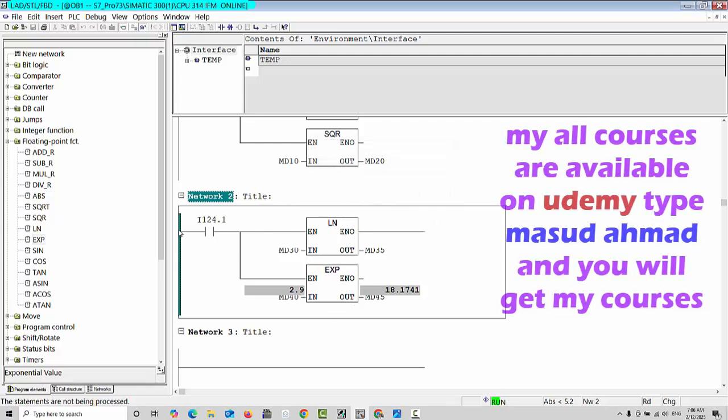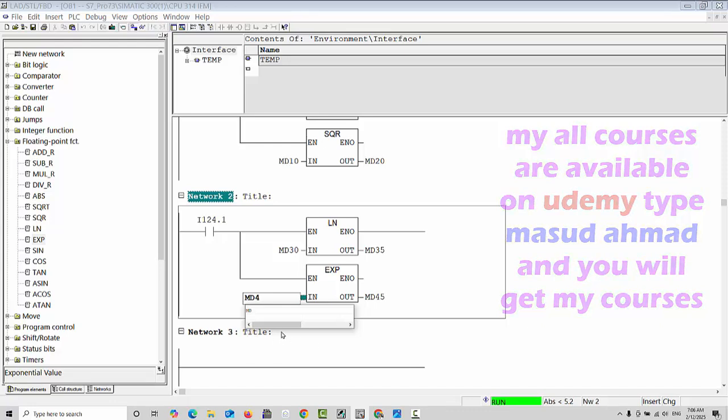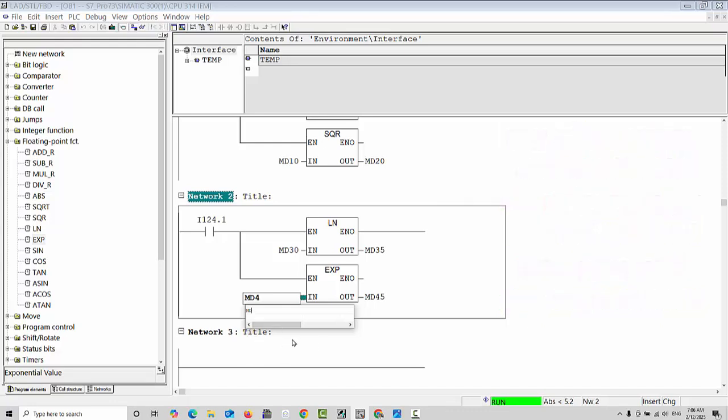This value we do not see, and it is better if we would like to see this value and this result in the exponential command. So what we do, just wait: this MD35, we will take this data, and after this it will automatically show the result in our next data register.